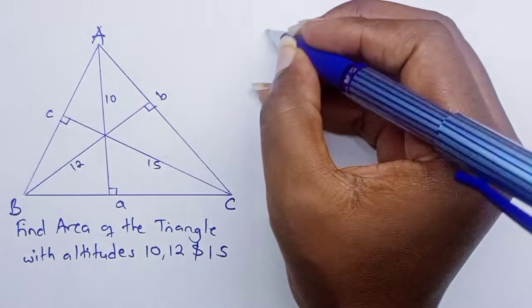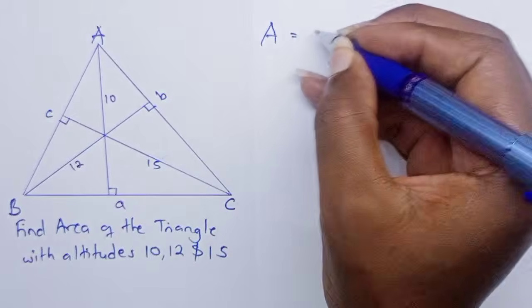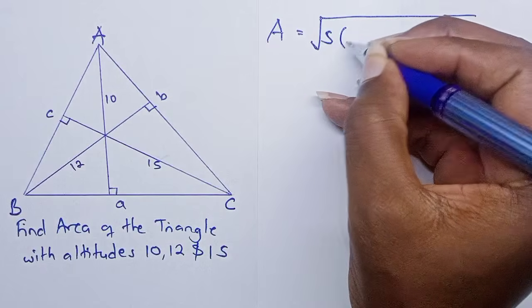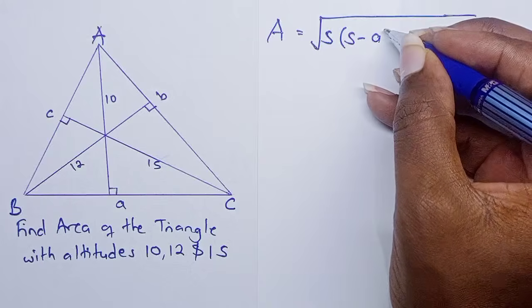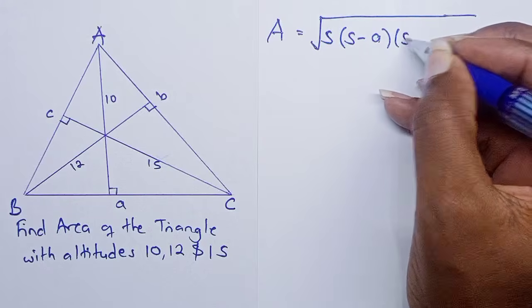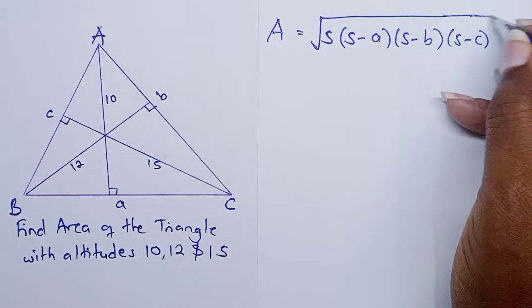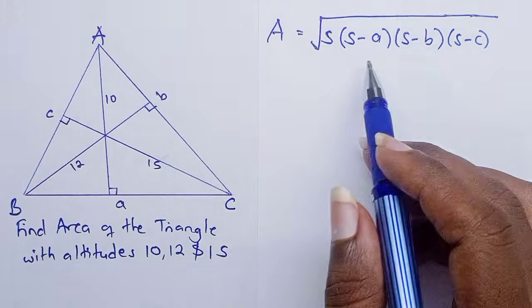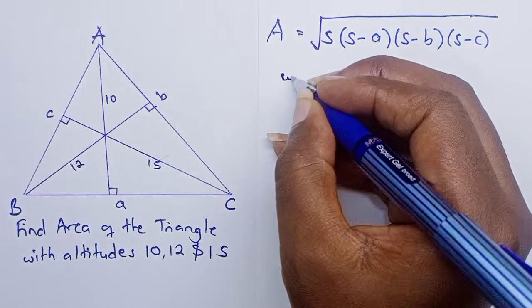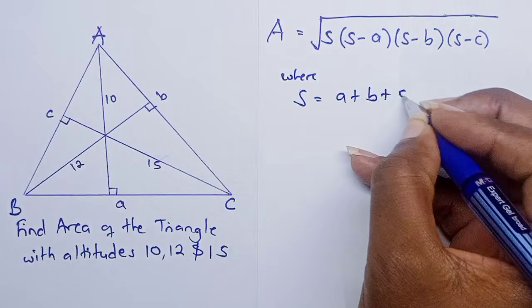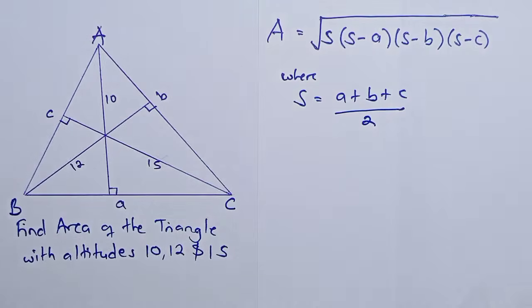Also, the area of a triangle can be found using the root of s times (s minus a) times (s minus b) times (s minus c). Area can also be got in this way, where s is equal to (a plus b plus c) over 2.